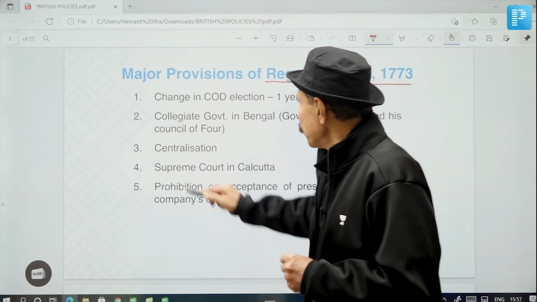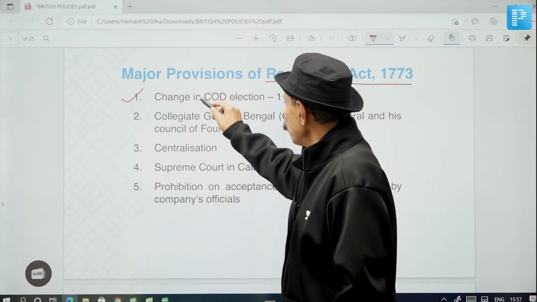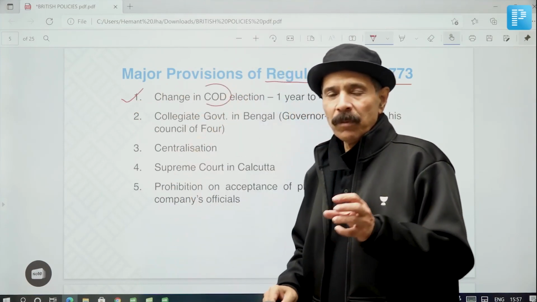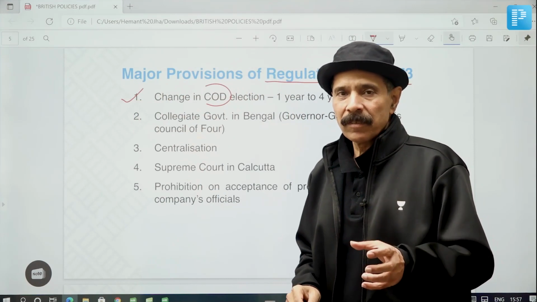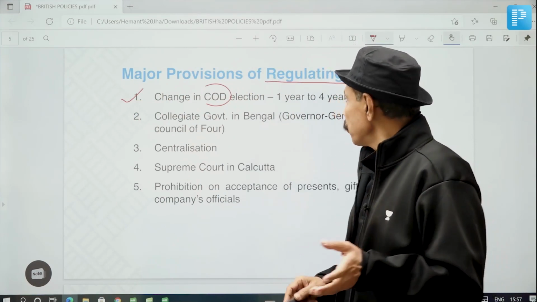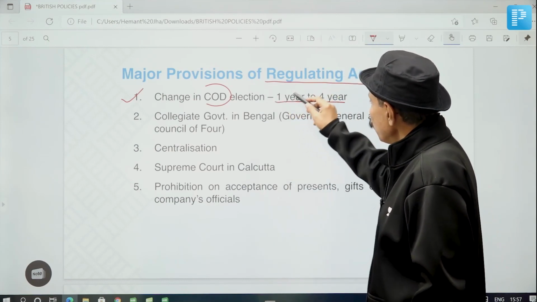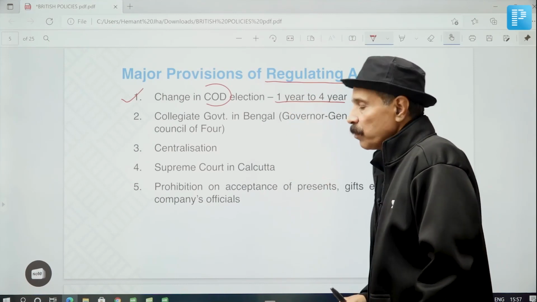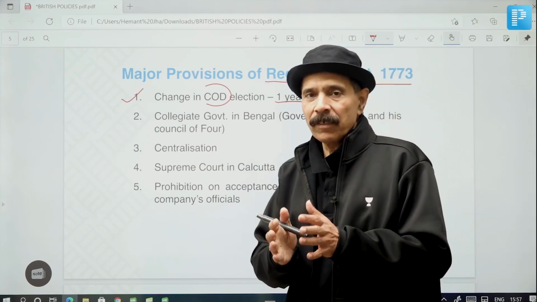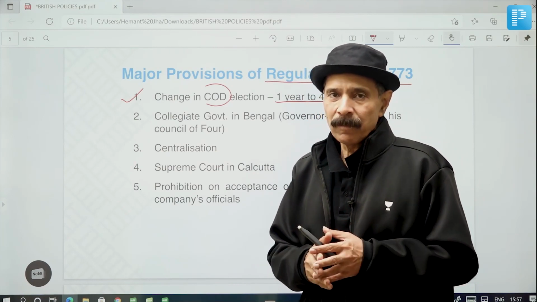The first important point here is the change in COD election, that is the election of the Court of Directors, the supreme body in the company's administration. What was this change? 1 year to 4 years. Earlier, there was an annual election, meaning a member was elected for 1 year. Now onwards, a member was elected for 4 years.